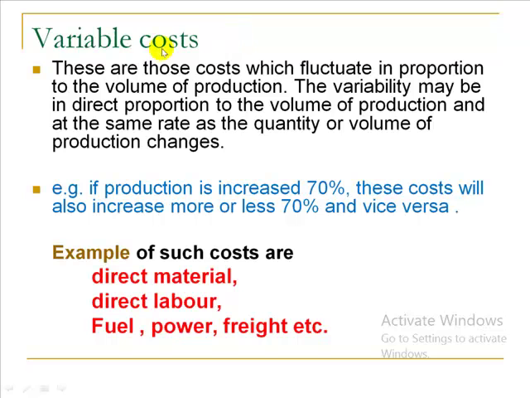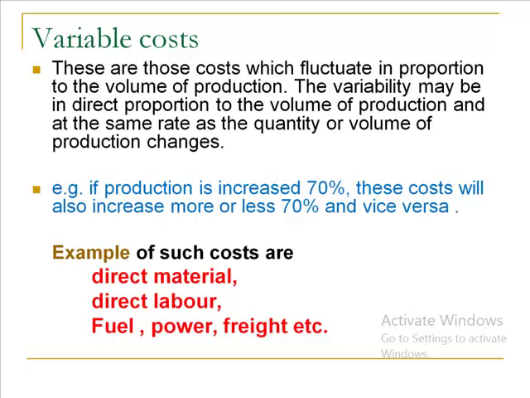In simple words, variable cost changes with the volume of production or sales. If we make more production, we will make more payment for these costs. If production is zero or reduces, our variable cost will also diminish.